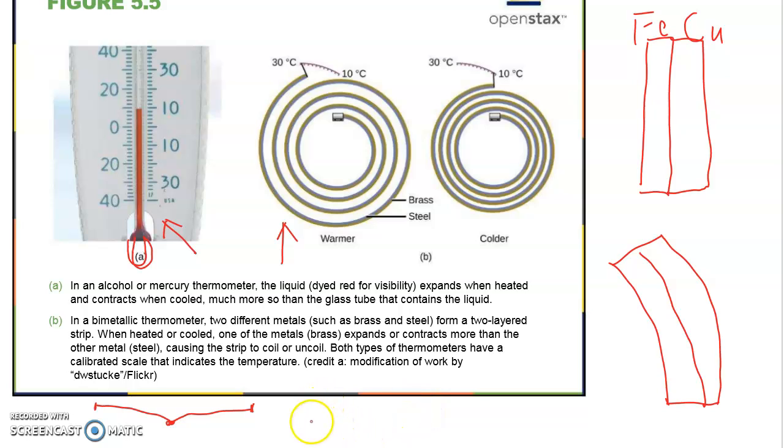The other type, very famous for laboratory use, is called RTD. That is a coil of metal, and the resistance will depend on the temperature. So that's another way of measuring the temperature.